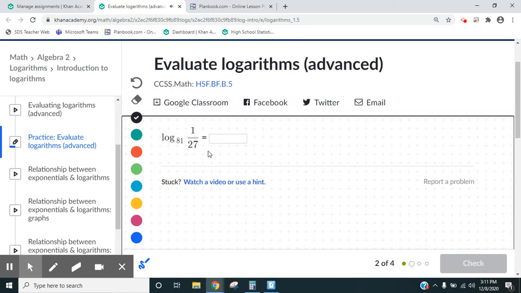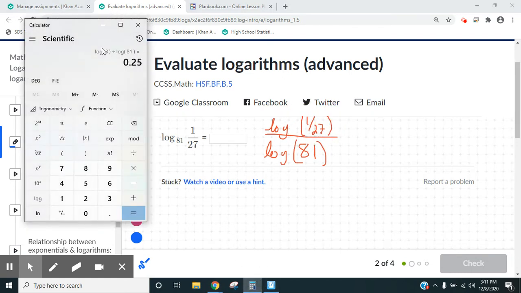Let's do another one. So we have 81. Log of 81 will go down here. Log of 1/27th on the top. And this is a challenge to do without a calculator. You can do it in your head, but it's very tough.